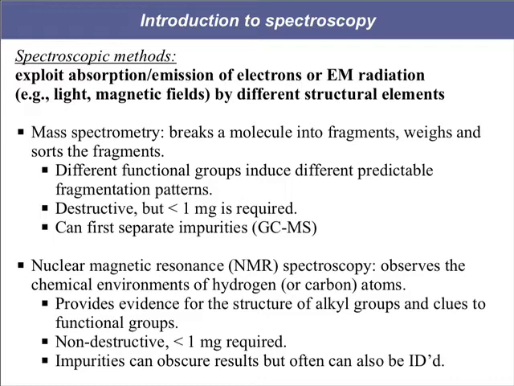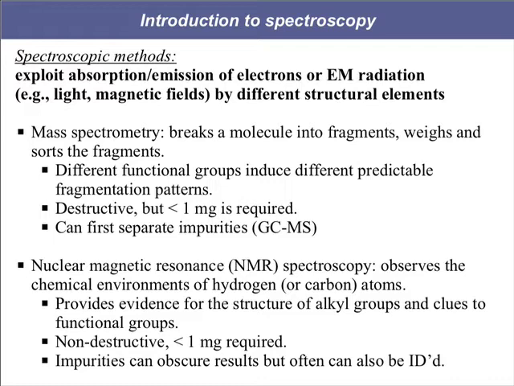One drawback, of course, is that it's destructive, but fortunately, less than 1 milligram of material is typically required. You can do a mass spectrometry experiment with very, very little starting material. So even though it's destructive, you really don't need much of your substance to start. You can first separate impurities by a method called GCMS. We're going to talk about that in our lecture.